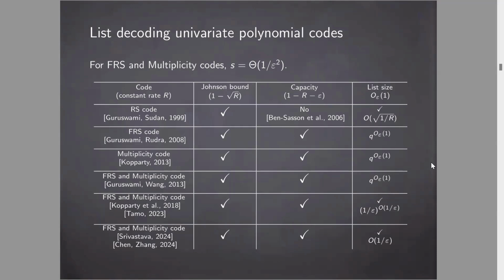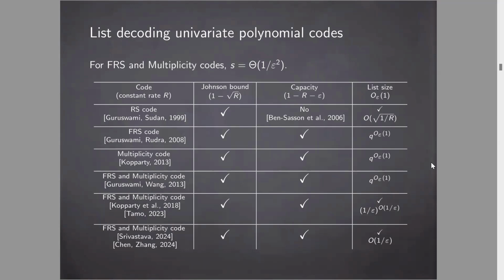So what do we know about list decoding such polynomial codes? This is a small sample of the state of the art that we know. In the case of the simple Reed-Solomon code, where there is no folding, Guruswami and Sudan showed that there is an algorithm that allows us to decode up to the Johnson bound, which is radius 1 minus square root of r. But we know a complementary result by Ben-Sasson, Kopparty, and Radhakrishnan, which says that there are explicit Reed-Solomon codes which cannot be decoded up to capacity, that is, radius 1 minus r minus epsilon.